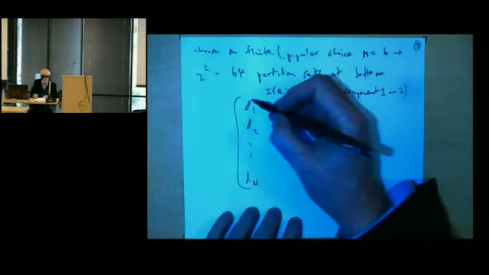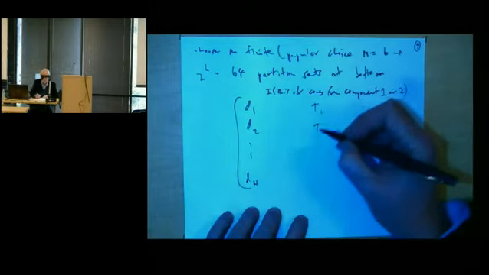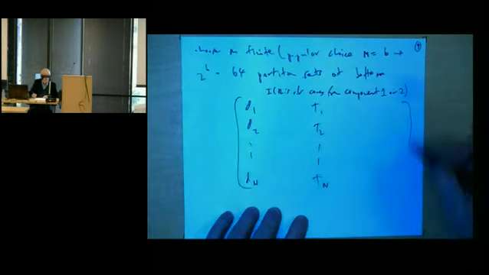We have uncertainty about these indicators. Let's call them T1, T2, dot, dot, dot, down to T capital N.